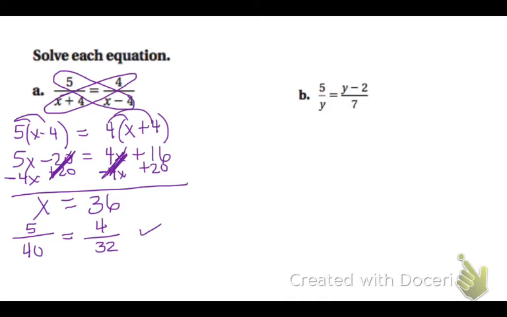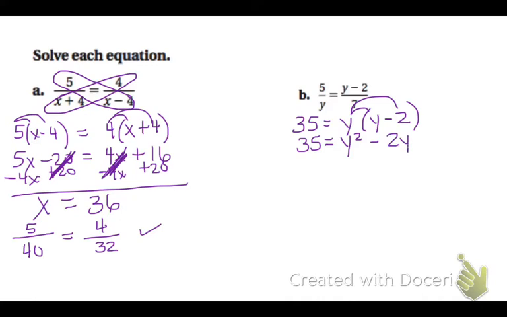For part B, we want to cross multiply. So 5 times 7 is 35. And then we'll have y times the expression y minus 2. And we'll go ahead and distribute the y. So 35 is equal to y squared minus 2y.